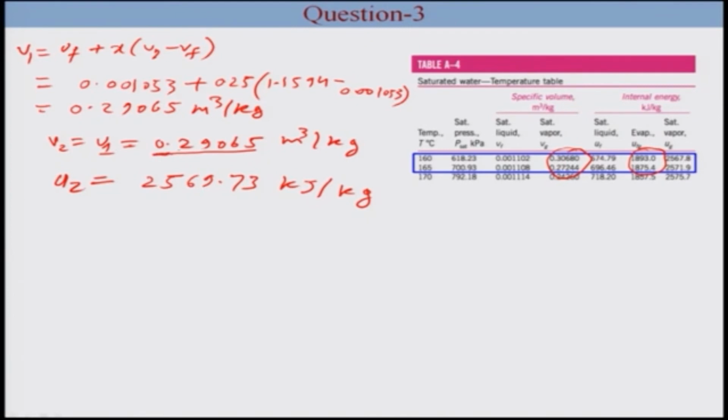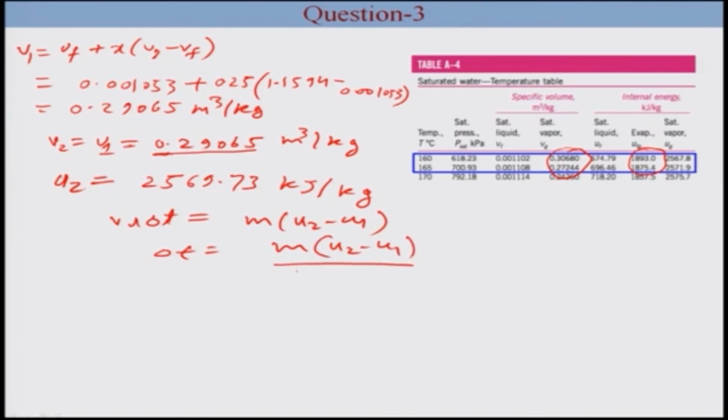So after plugging these values in the energy balance, which is V I delta T equal to mass times change in internal energy, delta T will be equal to m (U2 minus U1) upon V into I. After putting these values, m is 2 kg, it is given, U2 is 2569.73 minus 980.03 upon 110 volt into 8 ampere.